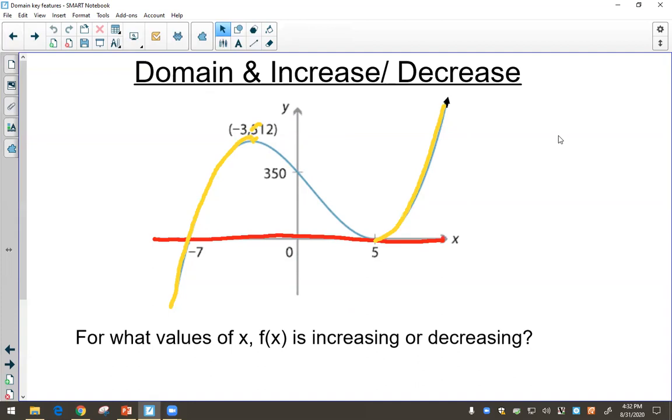So the big question is, for what values of x is f of x increasing or decreasing? So it is saying, what are the x numbers that cause the graph to go up or go down? So let us first look at this piece. So we have to take broken line, okay, right, and broken line.